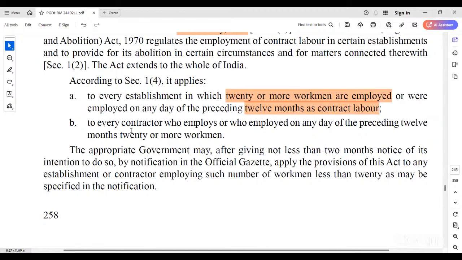So these establishments are covered by this act, wherever the minimum number working under contract labor is 20 or more.